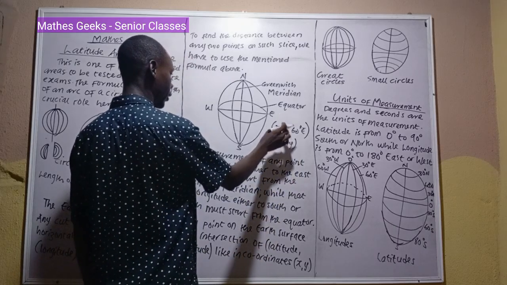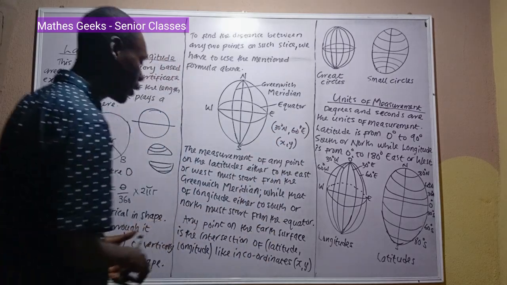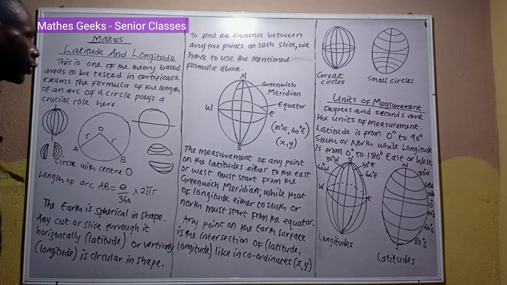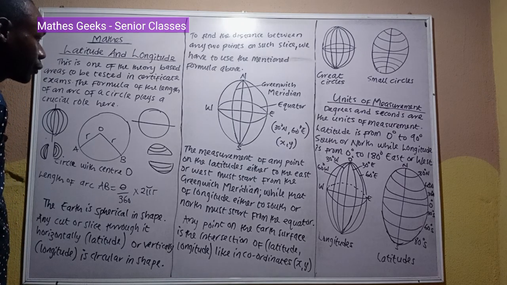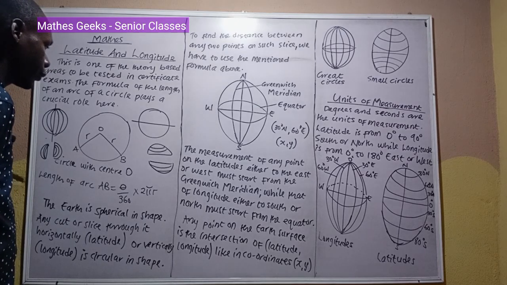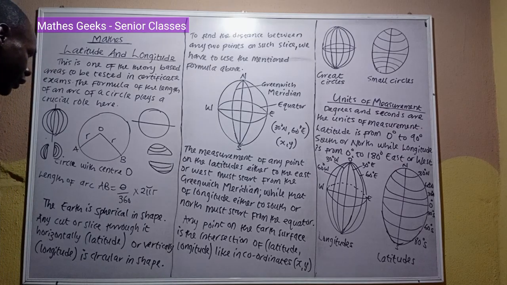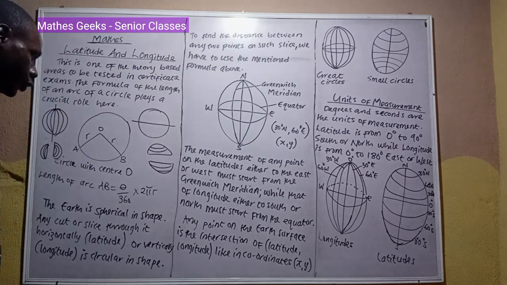Our x here is the latitude and y here is the longitude. That's the way the intersection of 2 points on the Earth's surface is measured. Latitude comes first, followed by longitude.